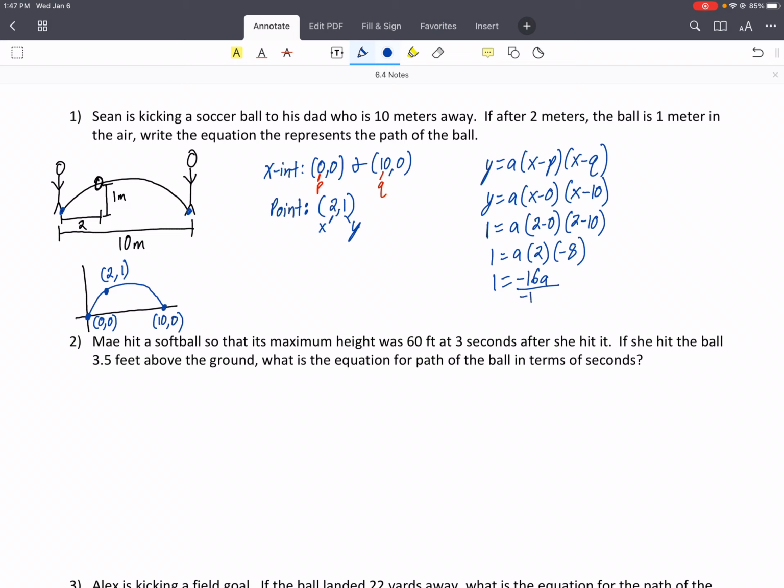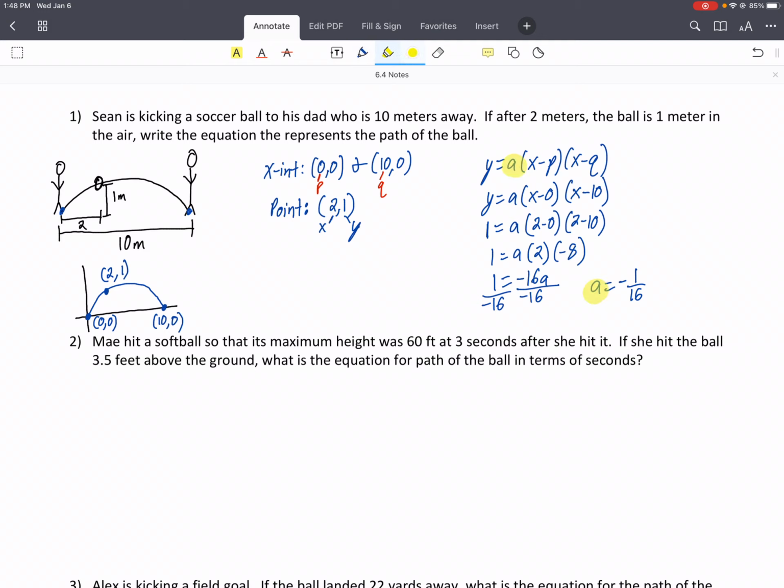Get a by itself, divide by negative 16. So then a is equal to negative 1/16. We don't really like having the negative on the bottom, so that's why I put it out front there. And so then we have our a.